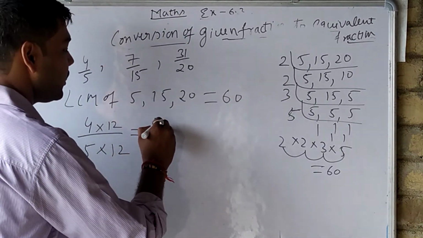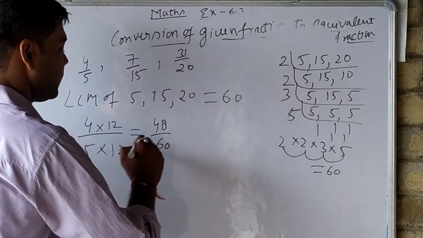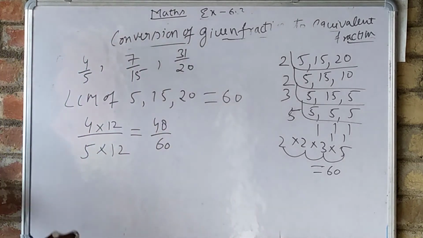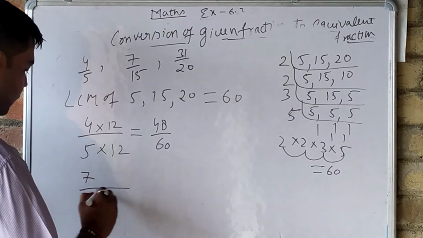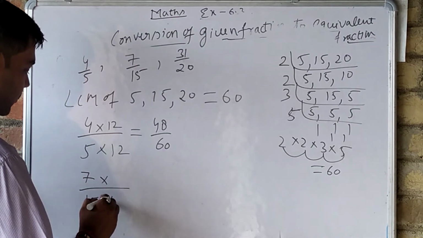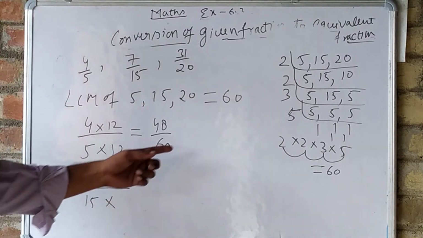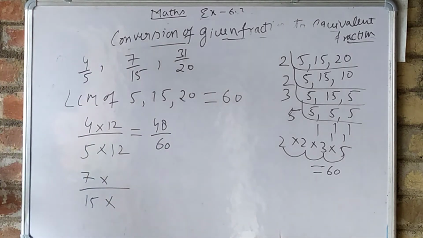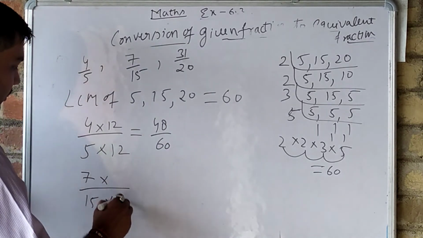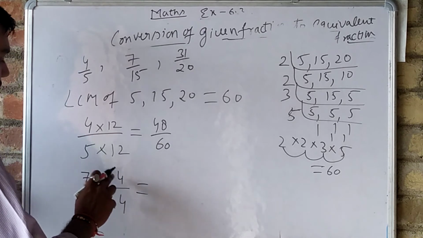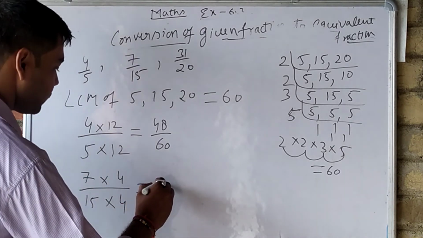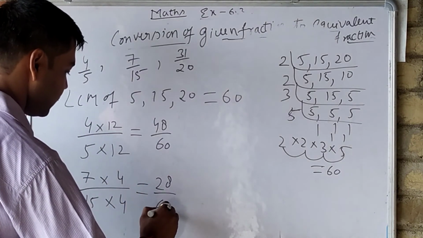So 48 upon 60. Now 7 by 15 we will take. What will we multiply with 15 to get 60? 15 times 4 is 60. So we will multiply the numerator also with 4. 7 times 4 is 28 upon 60.